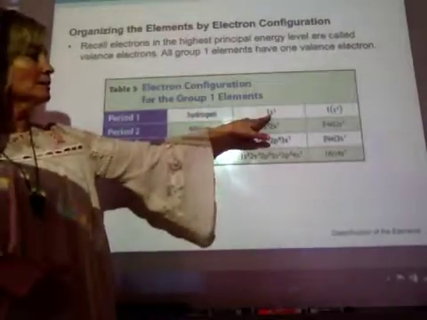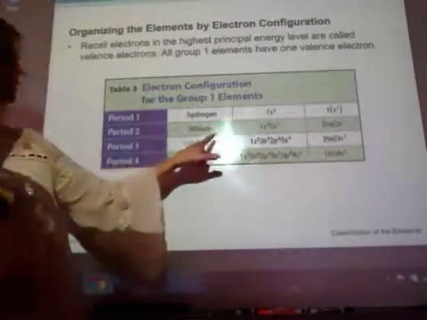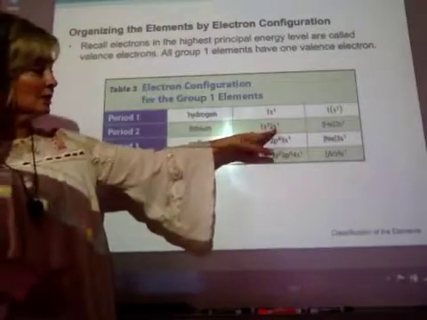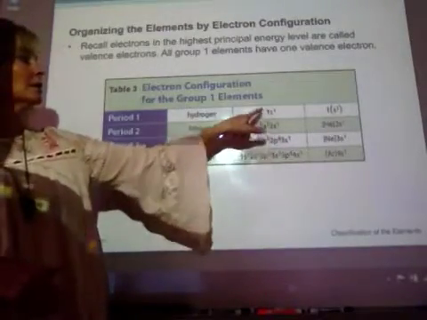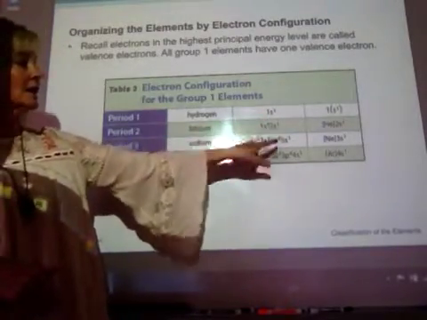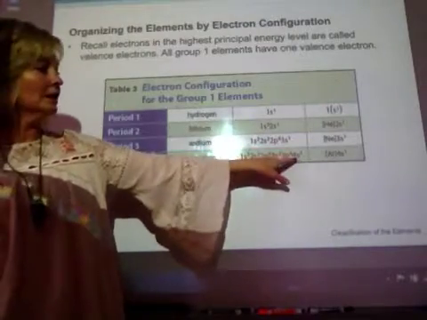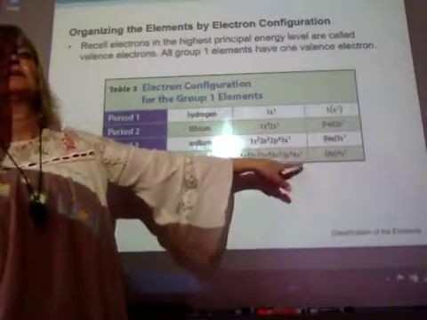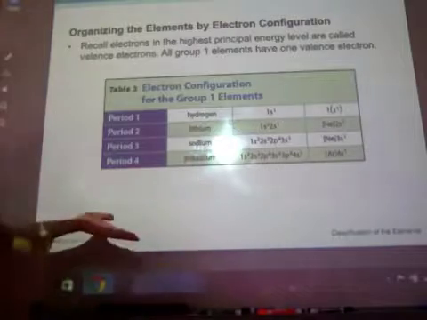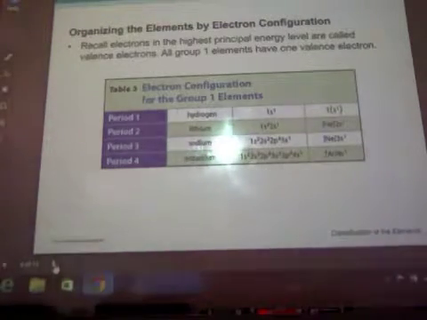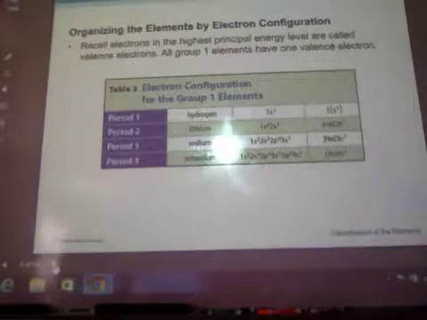Hydrogen ends with 1s1, so 1 valence electron. Lithium ends with 2s1, 1 valence electron. First period, second period, third period, fourth period, they're all in group 1. They all end with 1 valence electron.